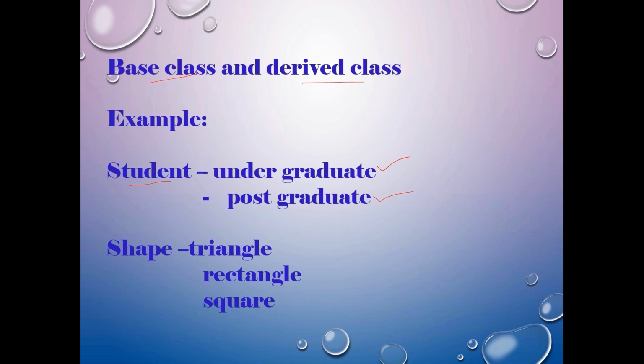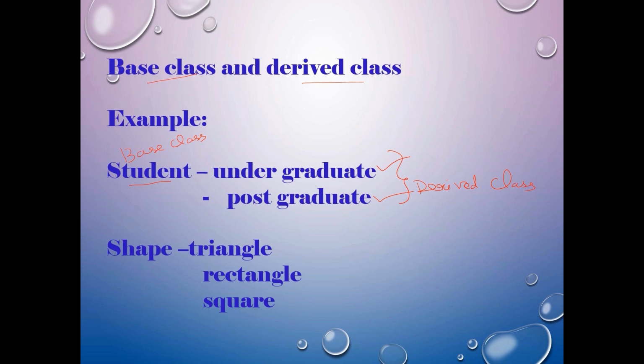Student is a base class, and undergraduate student and postgraduate student are derived classes. These derived classes will inherit the properties of student.